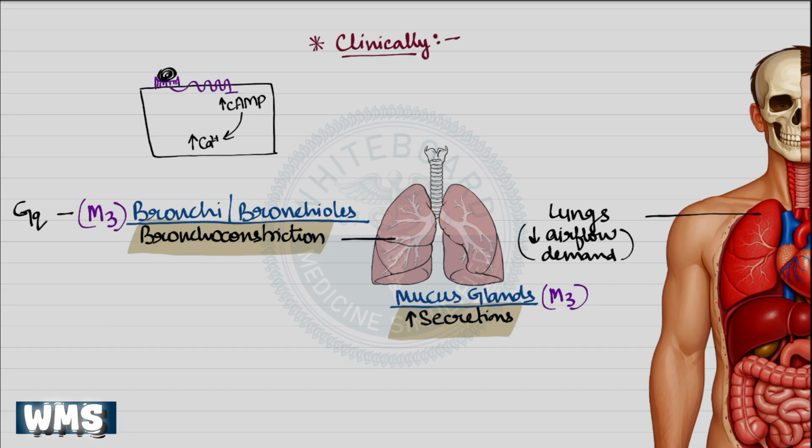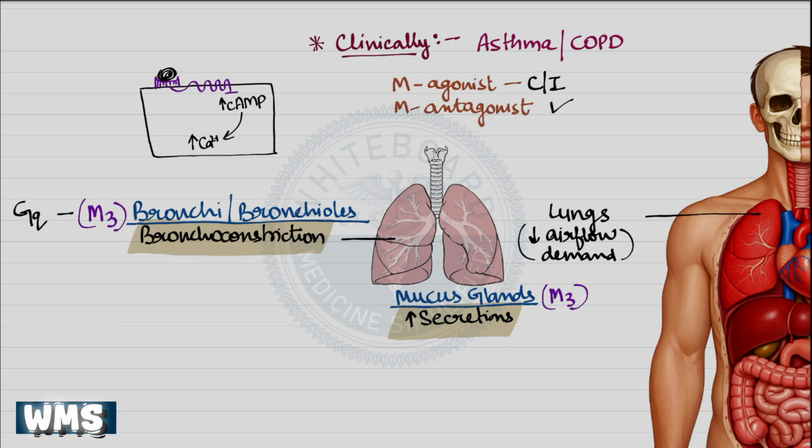This pattern resembles what we see pathophysiologically in conditions like asthma or COPD, where the airways are already narrowed or inflamed. Because of this, muscarinic agonists would worsen airway obstruction and are therefore contraindicated in these patients. On the other hand, antagonists are used therapeutically. By blocking M3 receptors, they prevent bronchoconstriction, reduce airway resistance, and thereby help improve airflow.